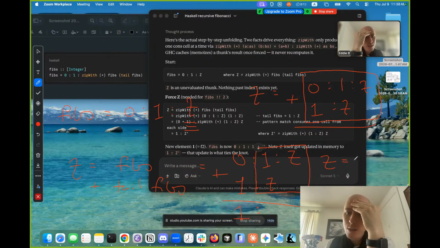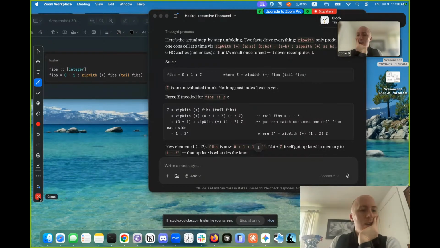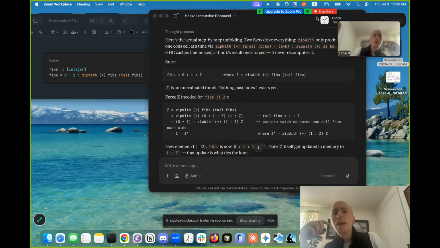Z is equal to fibs plus tail of fibs, and then Z prime is equal to tail of fibs plus the tail of fibs. I think that's what might be happening here.